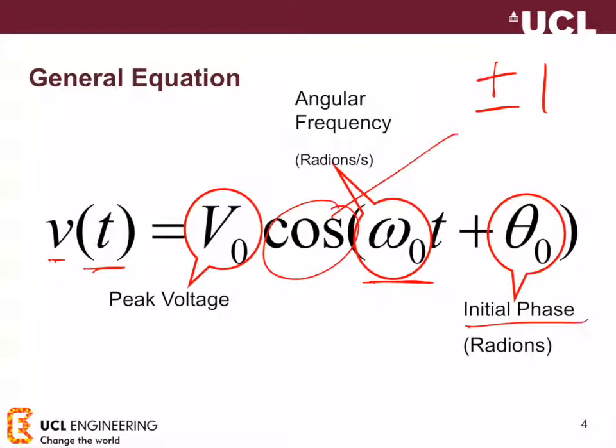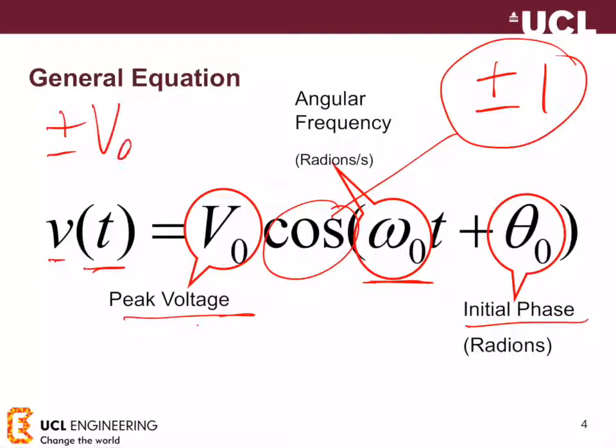The initial phase at the end is going to tell us which position we start from. Are we shifting along? And our voltage in this case, our amplitude, is going to tell us how high our signal goes and how low it goes. So if we normally have a cosine in its natural form going between plus and minus 1, our v of t now is going to go between plus and minus v naught.